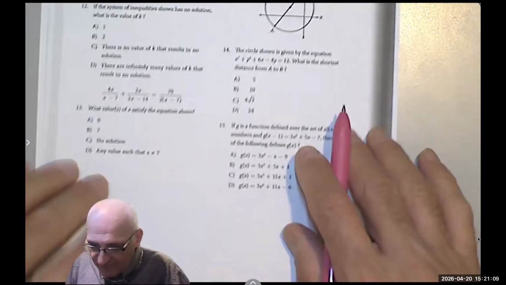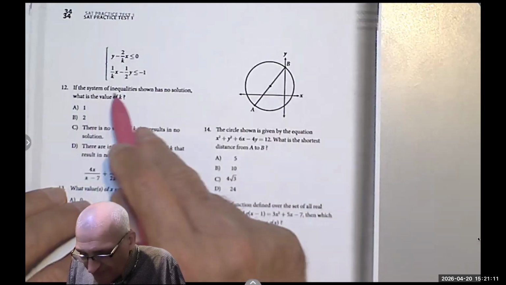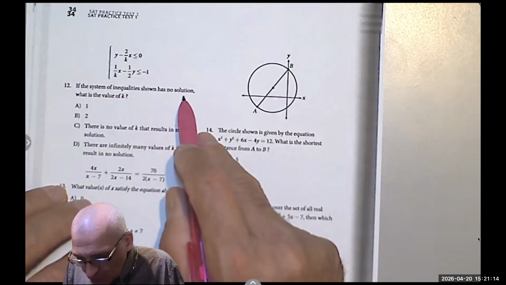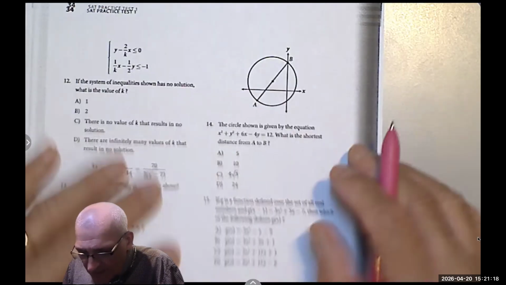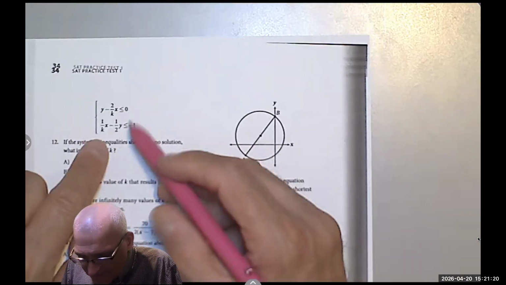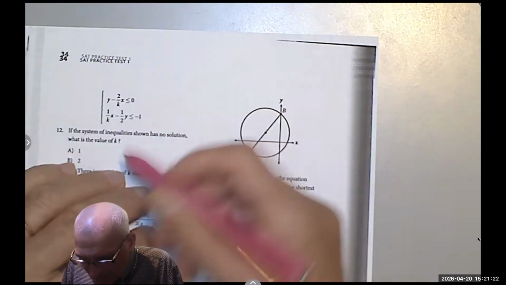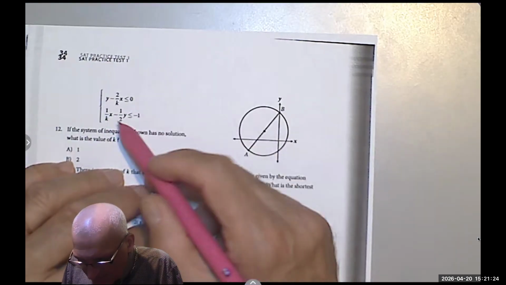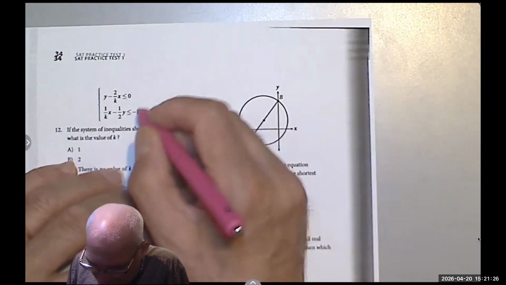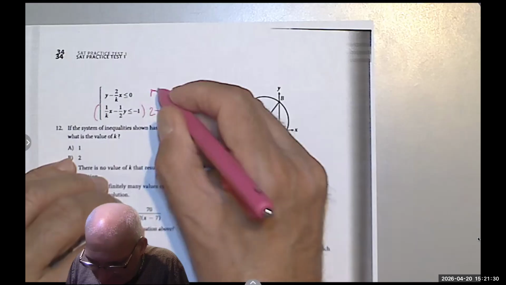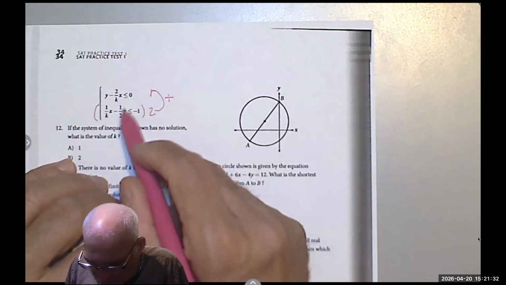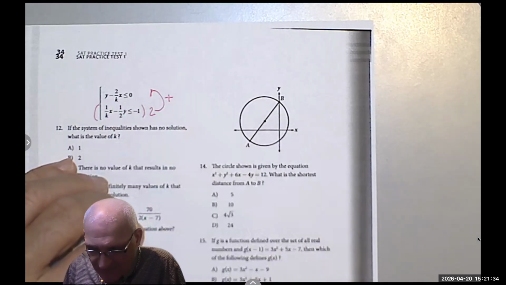Move to number 12. If the system of inequalities shown had no solution, what is the value of k? Again, okay, so we can get rid of the x or the y. I think the y is easy. I have a y here, and I have a -1/2. So if I multiply this equation by 2 and add it to that, I will have -y plus y, they cancel each other.